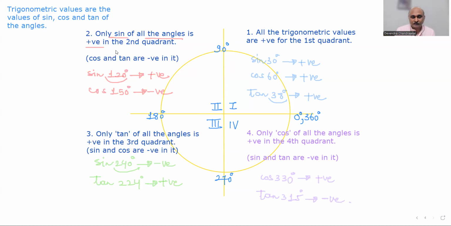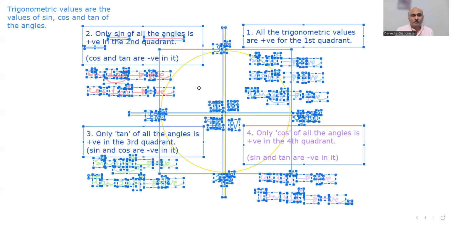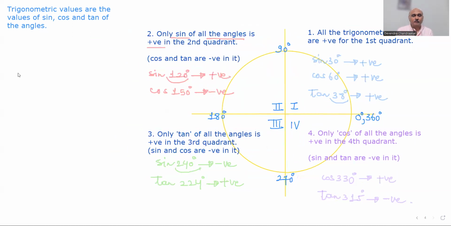Don't start writing. I'm giving you something to answer. You first answer it and then you start writing. So these are some of the angles. Sine 310 degrees. Just start writing in the same sequence.